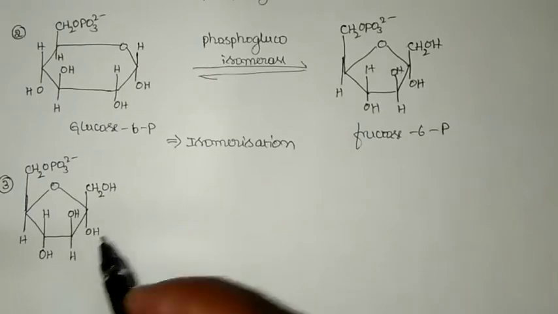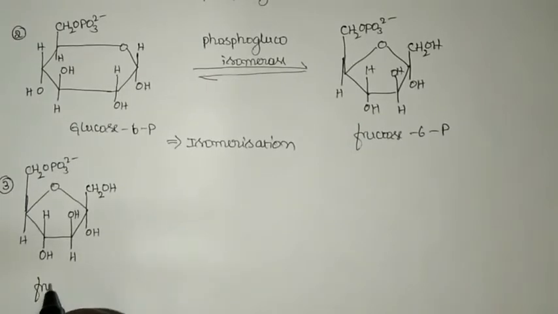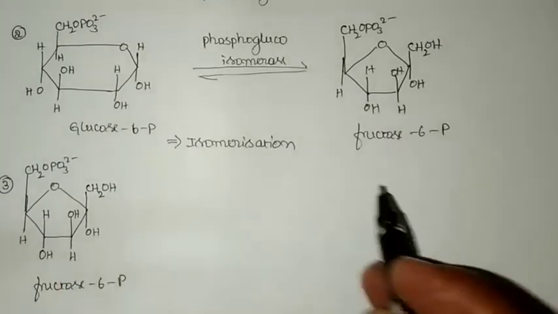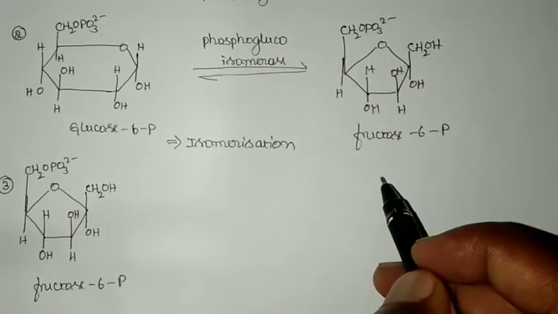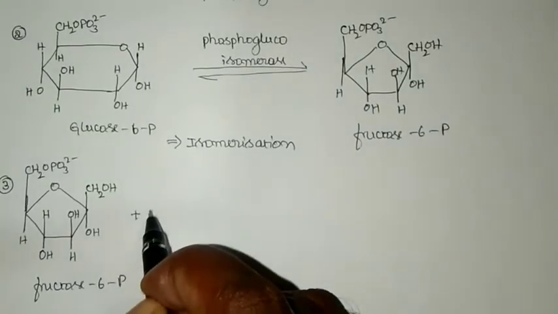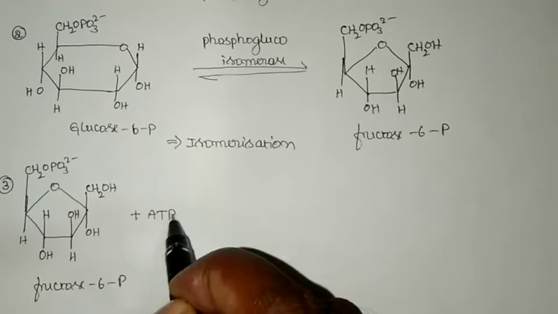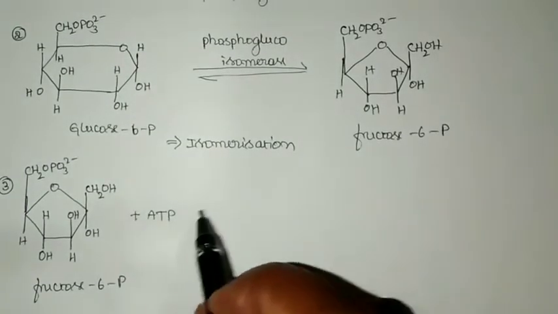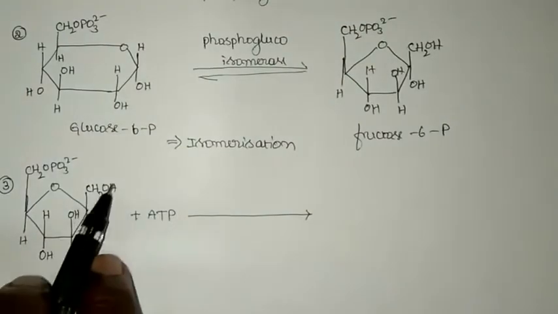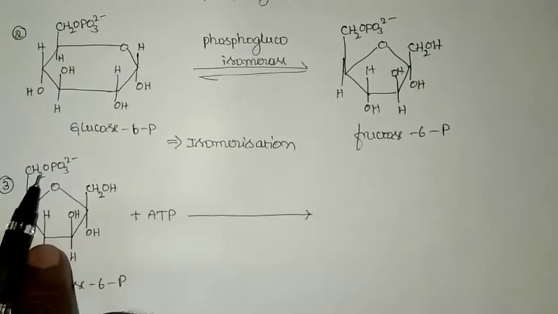So here we have fructose 6-phosphate, and this fructose 6-phosphate has to be converted into fructose 1,6 diphosphate. So phosphorylation should occur, and that takes consumption of one more ATP molecule. Once again it is an irreversible reaction. The sixth position is already phosphorylated.